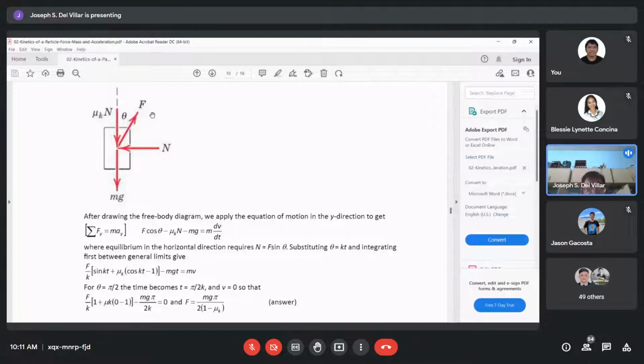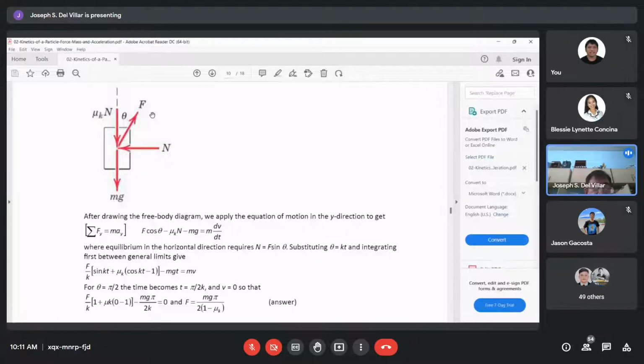Okay? So, f over k times sine kt plus mu sub k times cosine kt minus 1. Then, close quantity yun, no? Minus mgt is equal to mv. Okay? So, sinubstitute yung theta is equal to kt.